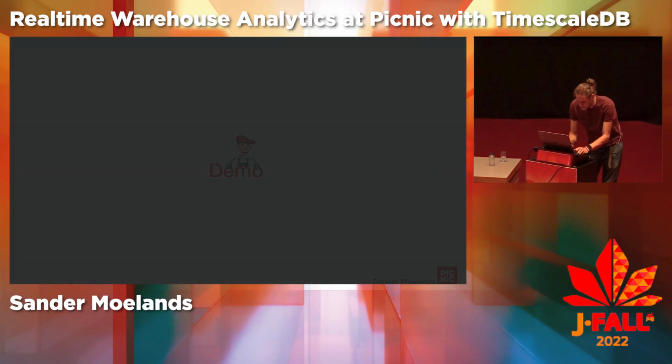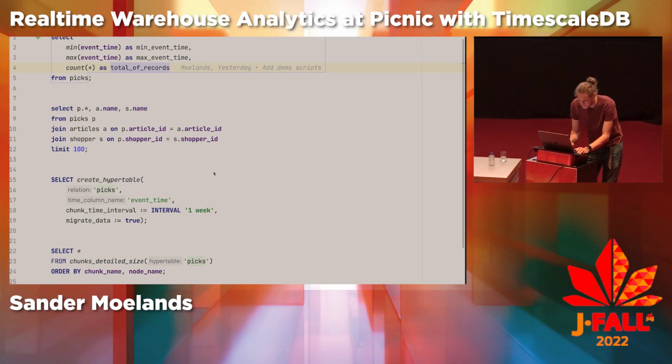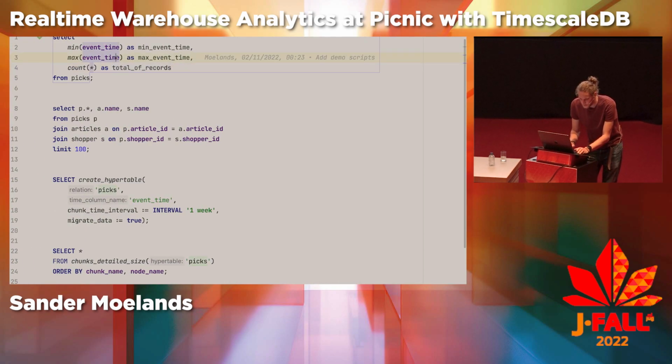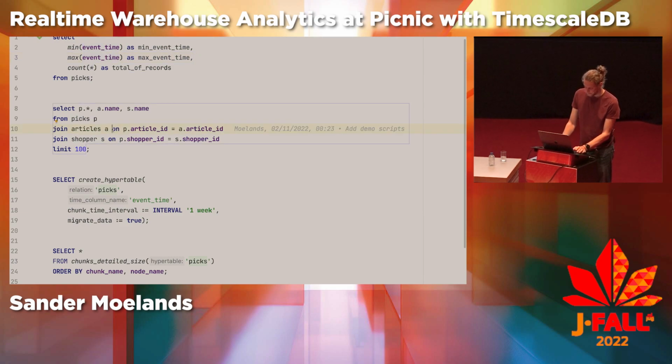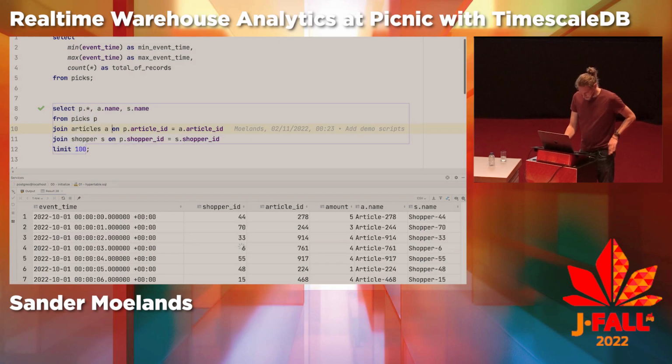Cool, so let's do a small demo. Hope this works. I prepared a small demo set. What we have is three tables: one for articles, one for shoppers. I didn't take the most exciting names, but it's just a use case. And we have picks, meaning that a shopper, table 1, picked an article, table 2, with a certain amount.